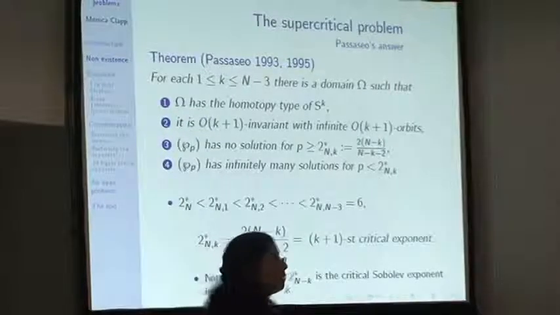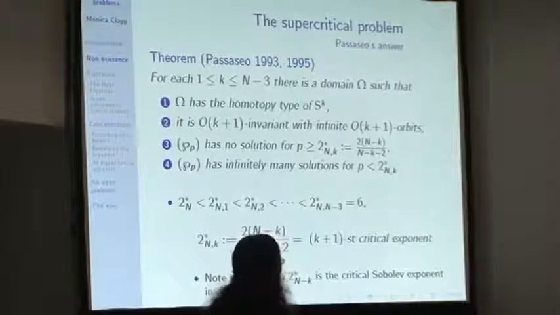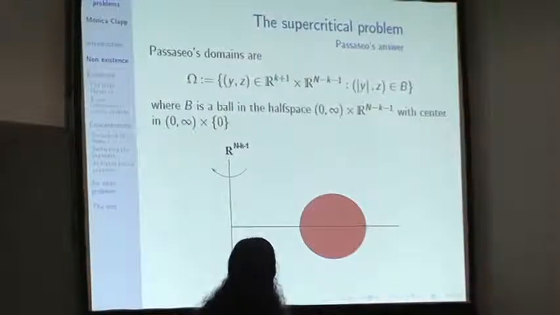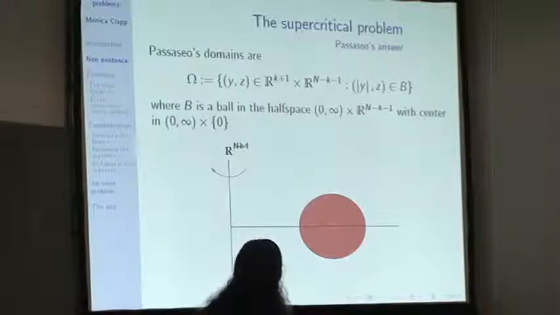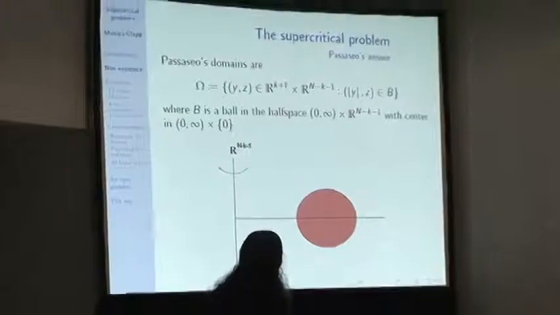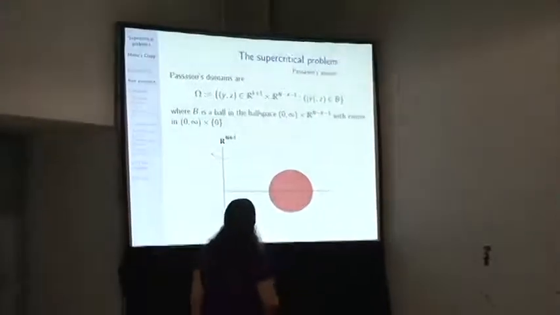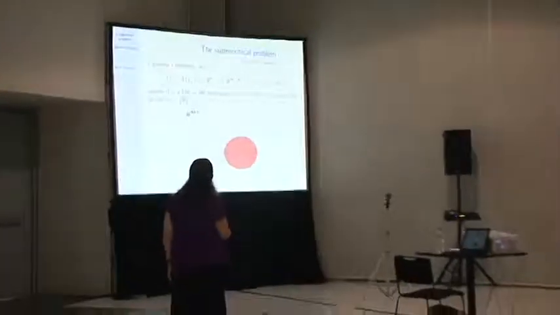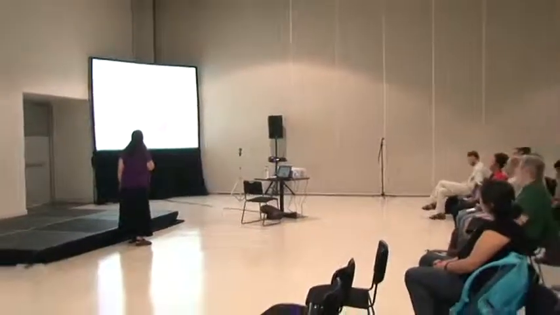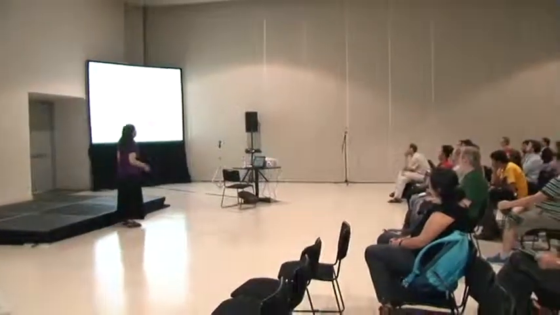And what are Passaggio's domains? They are very easily described. You just take the half space in R^(n-k), and you take a ball centered in the axis (0, infinity). And now you rotate this ball around this subspace. So precisely you are looking at this domain, okay?